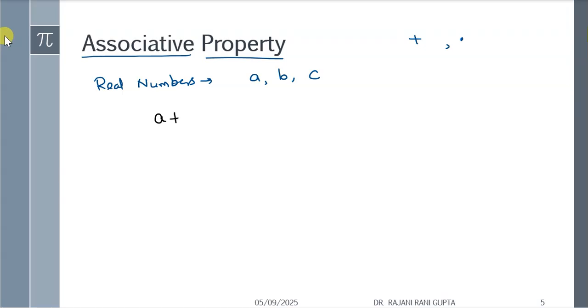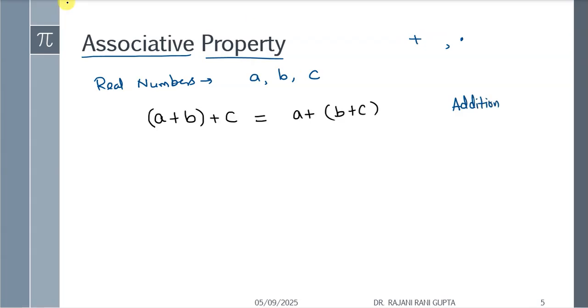If you add A plus B first, I put it in a bracket and then add C. Using the BODMAS rule, first you add the bracket term and then add the result to C. Or if we add B and C first and then add this result to A, the final result will be the same. This is the associative property for addition.